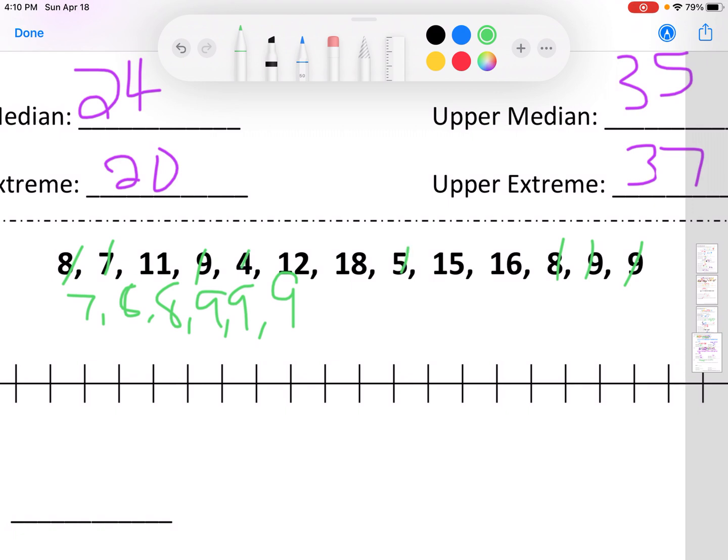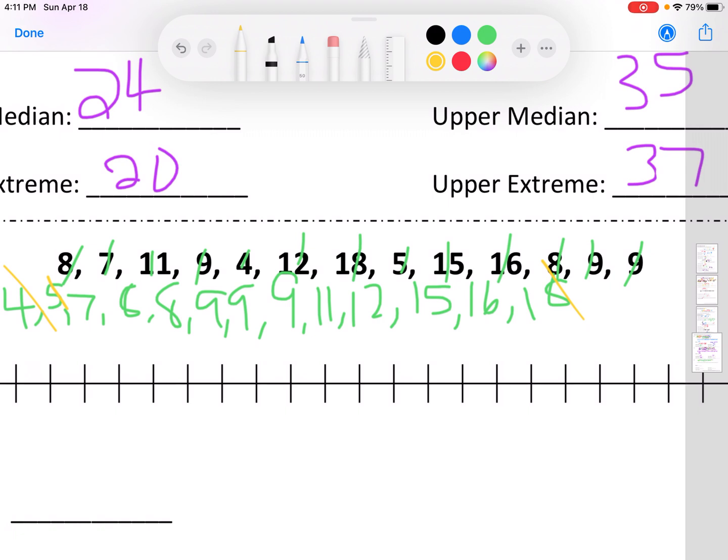And the 5, goodness gracious. Alright, so I got my numbers in order from least to greatest. Cross out to find the median. So it's 9.